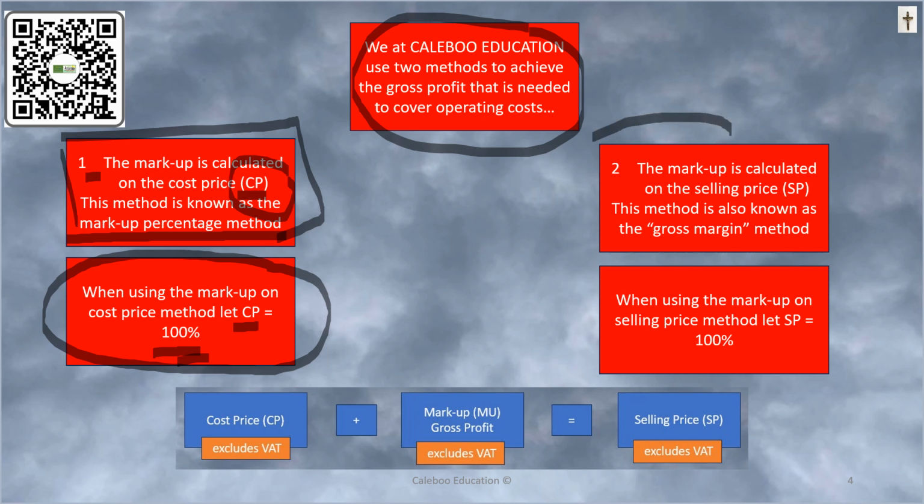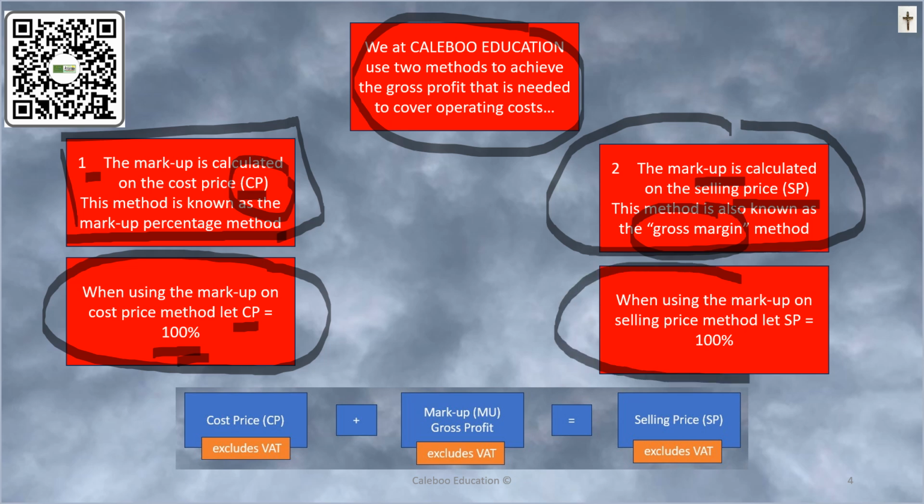There's a second way to calculate the markup, and that is when the markup is calculated on the selling price. And this is also known as the gross margin method. When the markup is calculated on the selling price, we let selling price equal 100%.